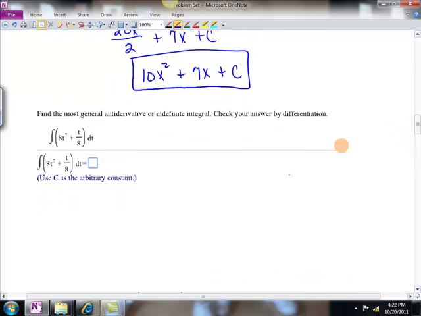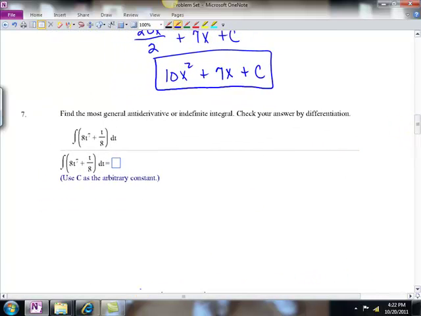All right. Number 7, same idea. We're going to do this. I would rewrite it a little bit differently. Would rewrite it as the integral of 8t to the 7th plus 1/8 t dt. Okay?